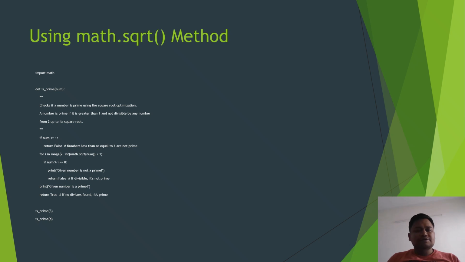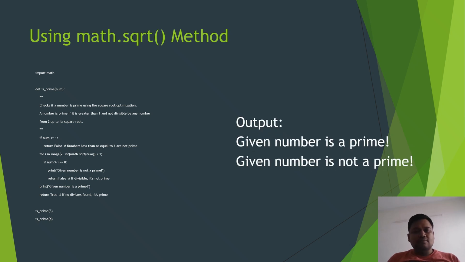For i in range 2 to the square root of num plus 1, if num modulo i is equal to 0, then the given number is not a prime. Otherwise, the given number is a prime. So the output for is_prime(3) and is_prime(4) is: given number is a prime for 3, given number is not a prime for 4.